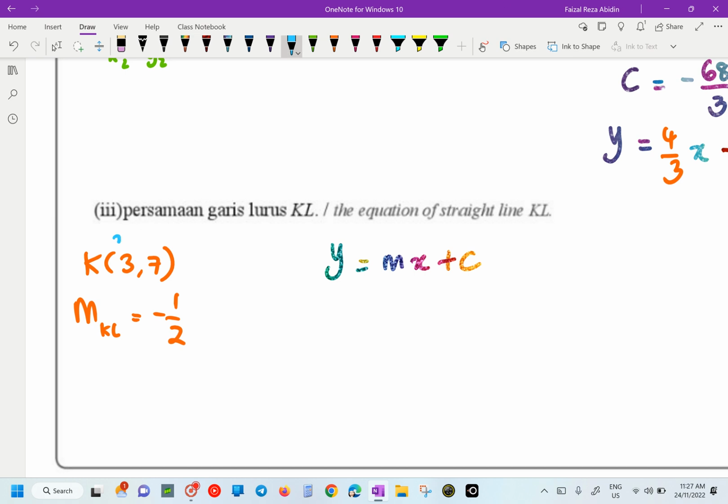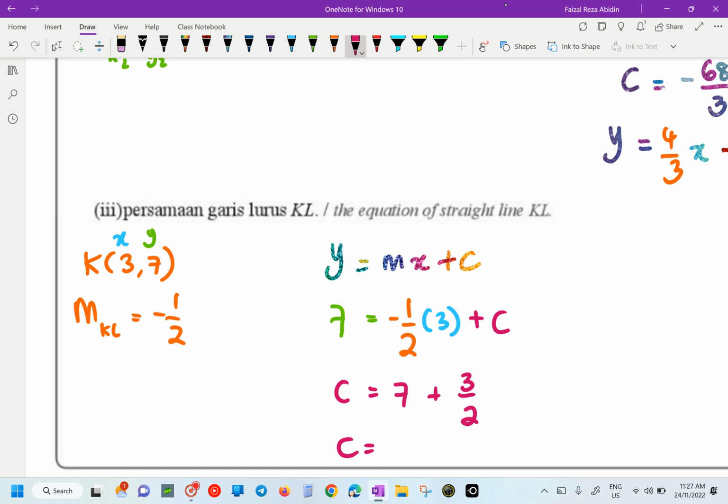Substitute back: y here is 7 equals gradient negative 1 over 2, x here is 3. So you can find your c. Negative 1 times 3, negative 3 over 2. Bring to the left side, you are going to get 7 plus 3 over 2.